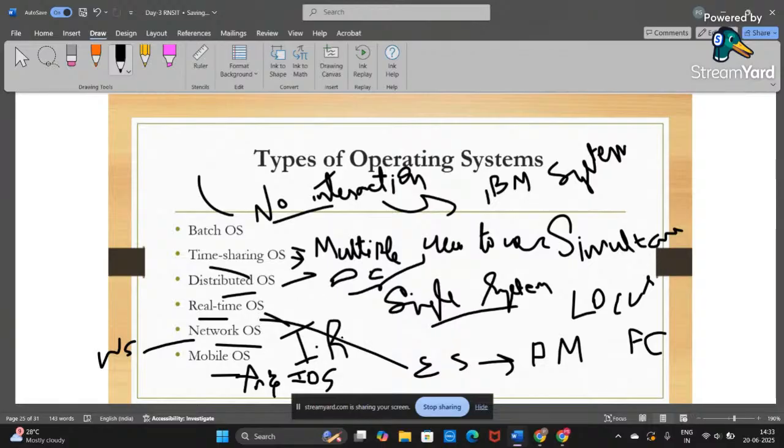Real-time OS responds immediately to the input. I have given the example in embedded systems, that is pacemaker and flight control. Network OS provides service over a network. Example, Windows Server. Mobile OS is designed for mobile devices. Example, Android and iOS.